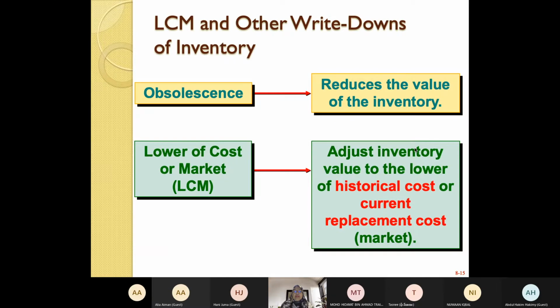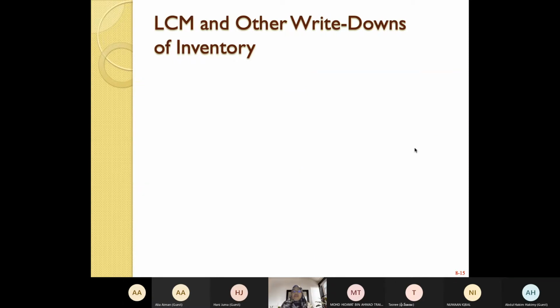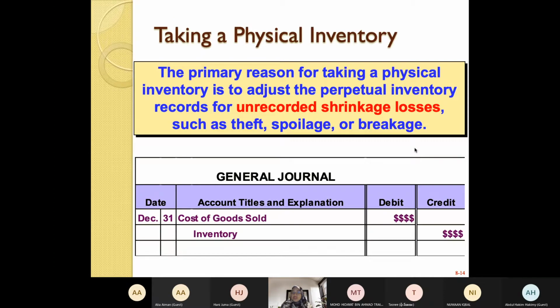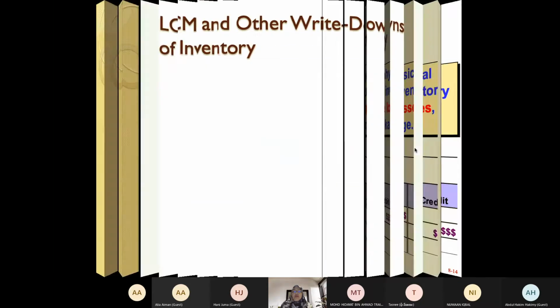Okay. Now, this is more important also when we talk about LCM, which is what we call lower of cost or market, right? So when your stock is obsolete, you're going to reduce the value of the inventory. Obsolete here could be because of the shrinkage, right? So when there's a shrinkage or obsolete, you're going to debit your COGS and credit your inventory account.